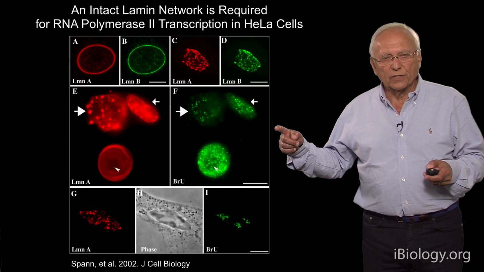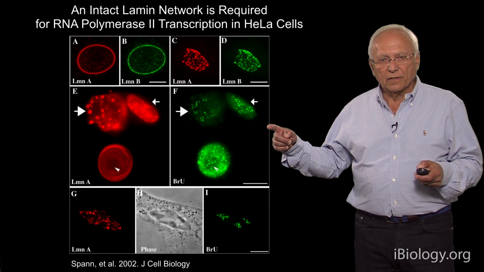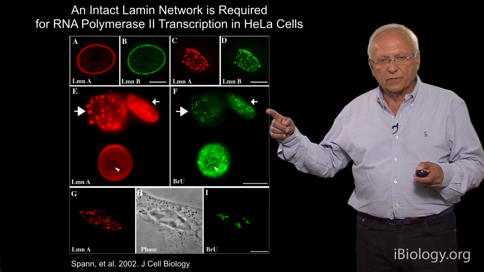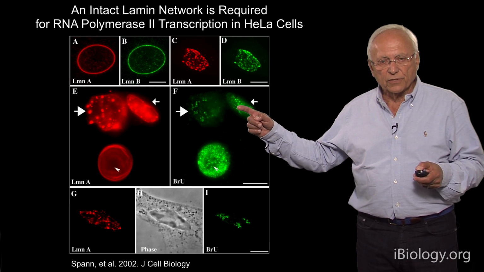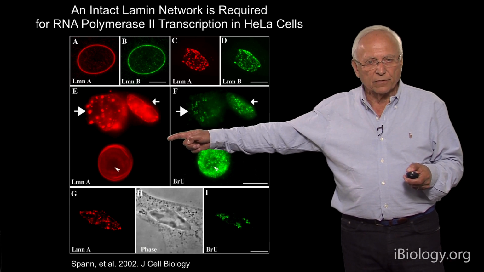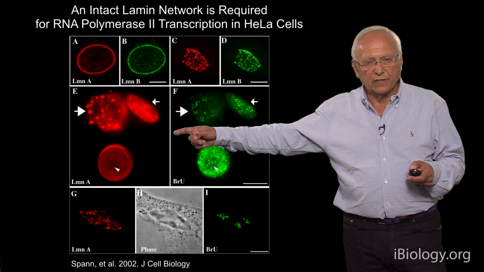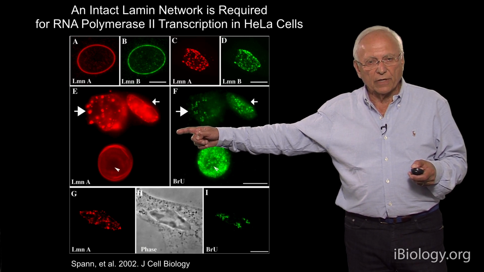If you then look at the regulation of transcription, in this case RNA pol II transcription in HeLa cells, what we did was to microinject, on the left here in panel E. You can see what happens after injecting this truncated form of lamin in a nucleus that was fixed about a half hour after injection.